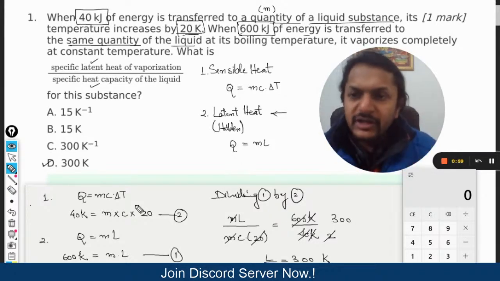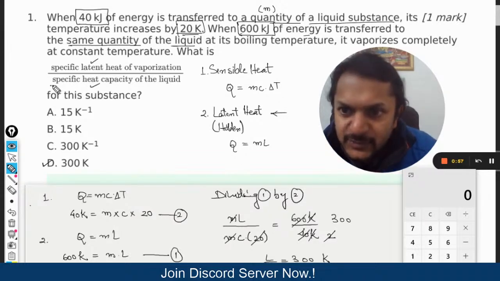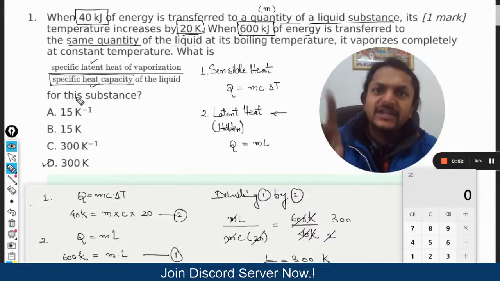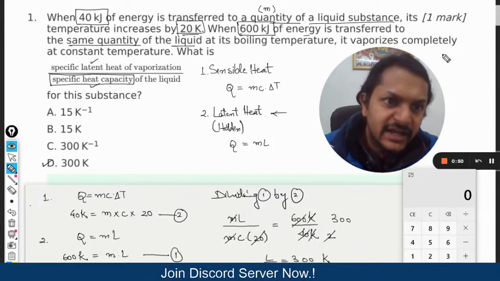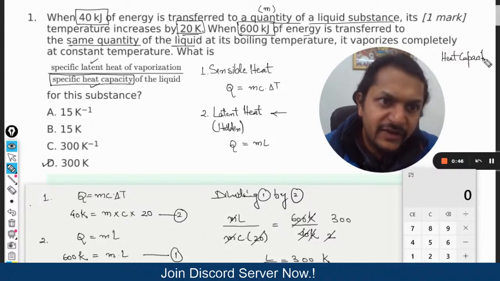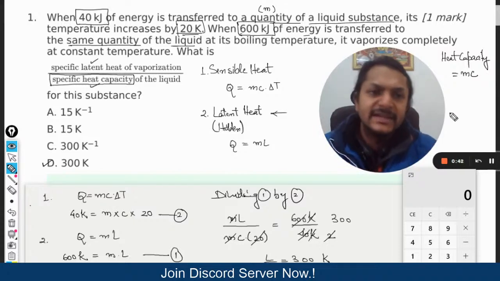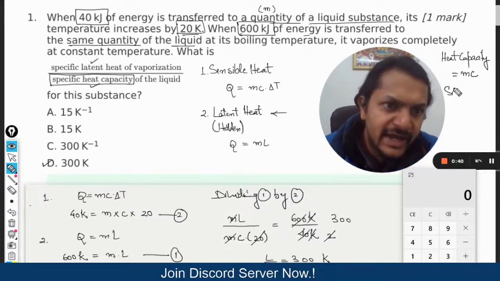Now, there is one more point I would like to specify here. The specific heat capacity should not be confused with heat capacity. There are two things. Heat capacity is defined for a body and is equal to the product of m and c. And c is known as the specific heat or specific heat capacity.